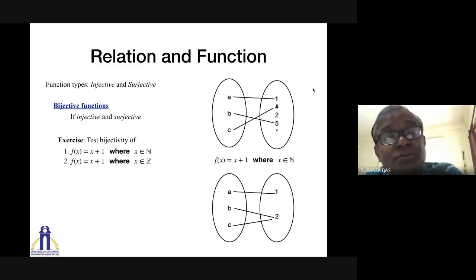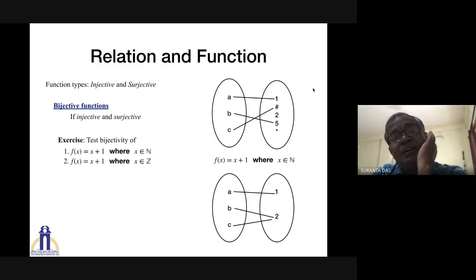Now the same function, f(x) equal to x plus 1, but here I have defined x in Z. Z means the set of integers. N does not include negative numbers, minus 1, minus 2. They are not included in the set of naturals, but Z includes all integers: positive, 0, and negative integers. So obviously Z is also an infinite set. But the question is whether this f is bijective or not. So here you have to test its injectivity as well as surjectivity.